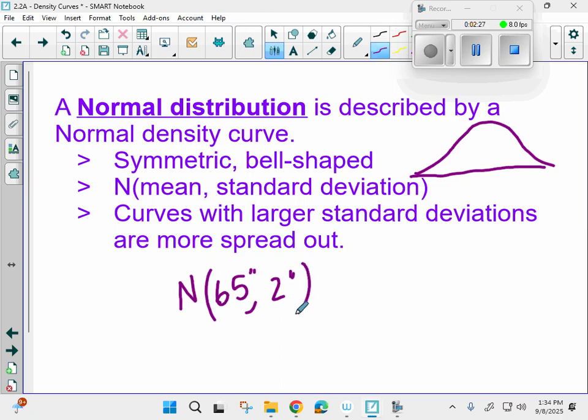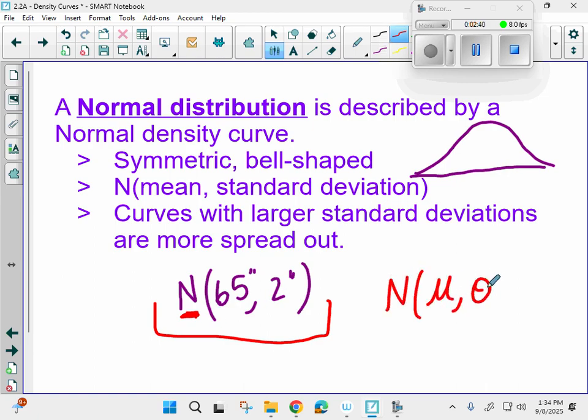If you see anything written like this in your book, this means it is normally distributed. And the mean is always listed first, and the standard deviation is always listed second. So mean, and then standard deviation.